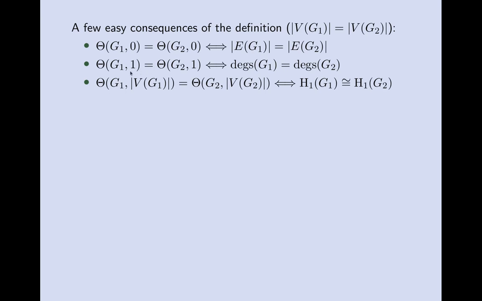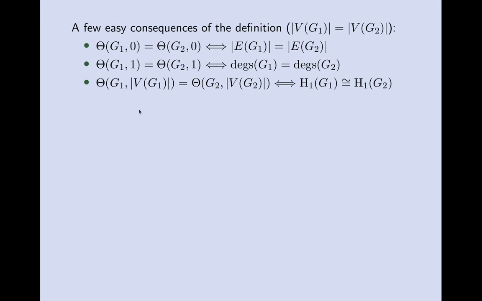Then assuming that they coincide in degree 0, we can look at degree 1. Here the two theta sequences for G1 and G2 will be the same if and only if the two degree sequences of the graphs are the same, and the degree sequence is just the set of all possible valences of vertices inside G1 and G2 respectively.